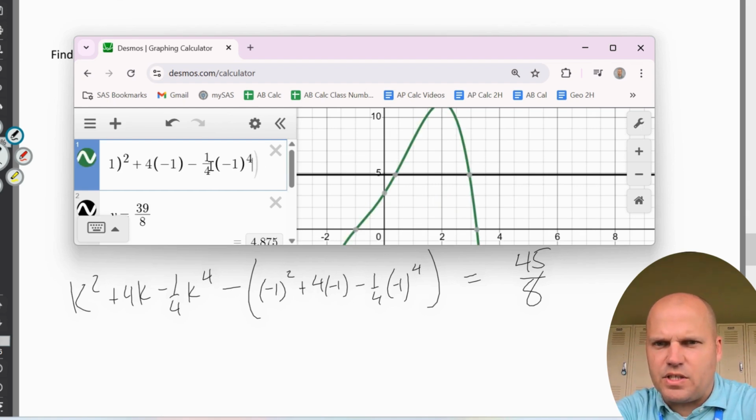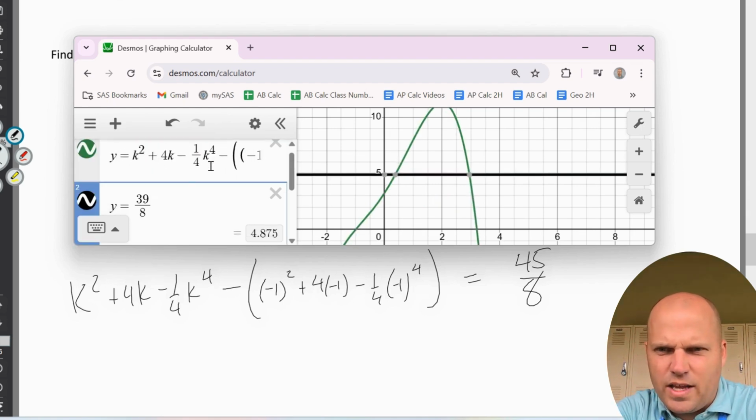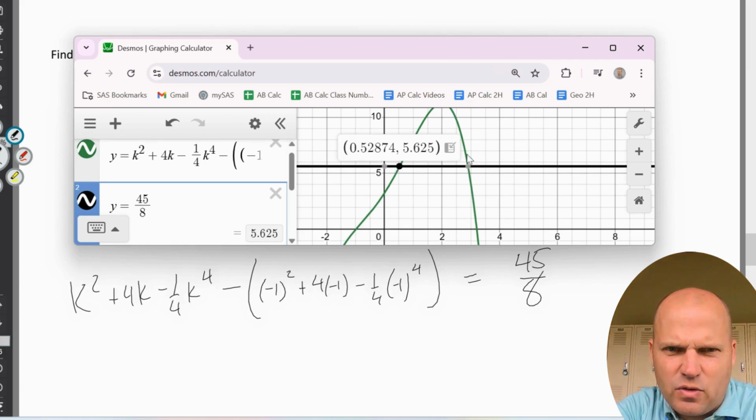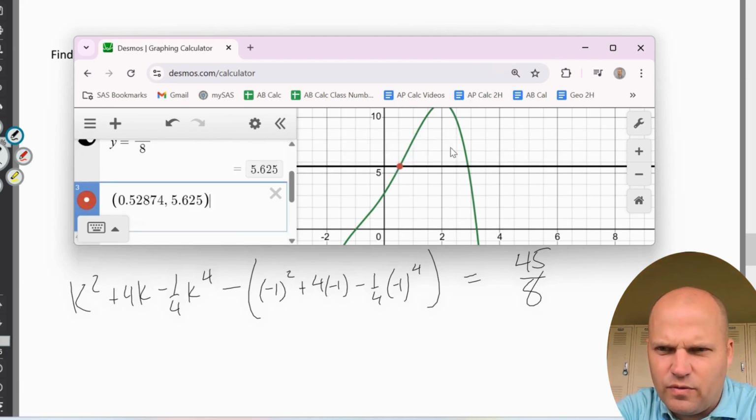Obviously, you could simplify this, but let's say you hate simplifying. And y equals 45/8. We got two values. One value is in my interval, one value is out. There's my value here. I'll call this A.